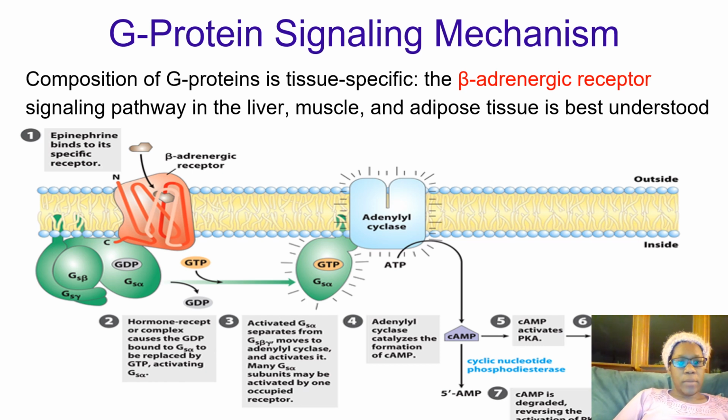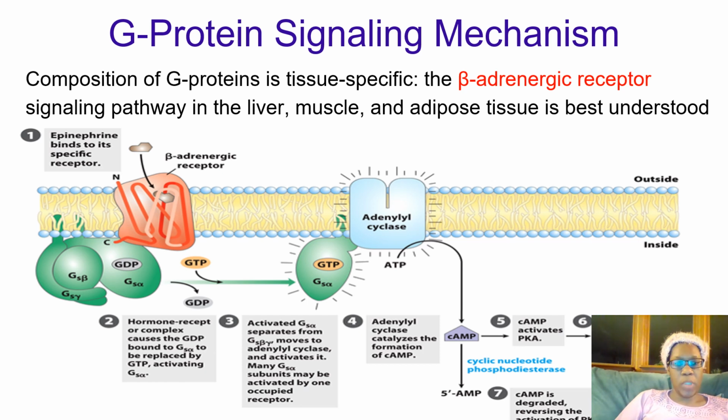Step 1, the epinephrine binds to the specific receptor. So that makes sense. We have our signaling molecule, which is epinephrine. It binds to a specific receptor. This causes a conformational change in the receptor that also causes a conformational change in the associated G protein.